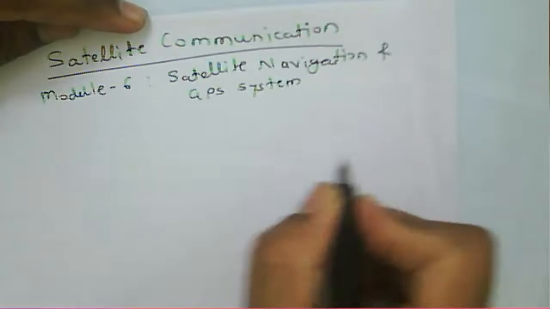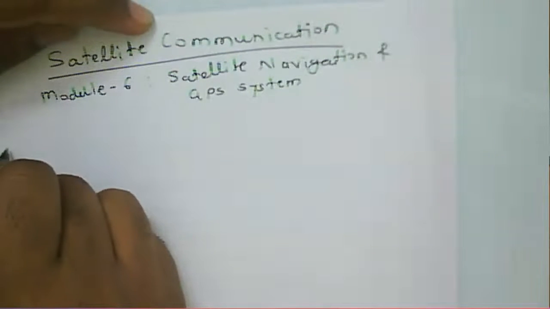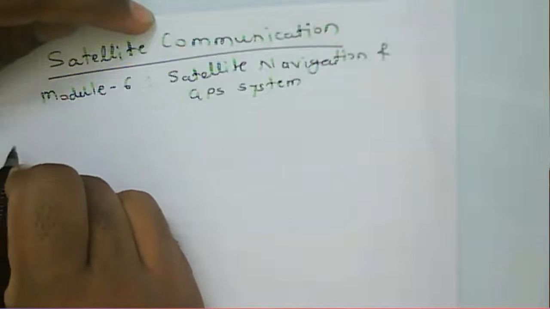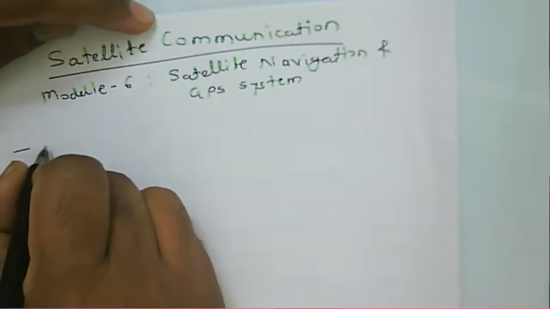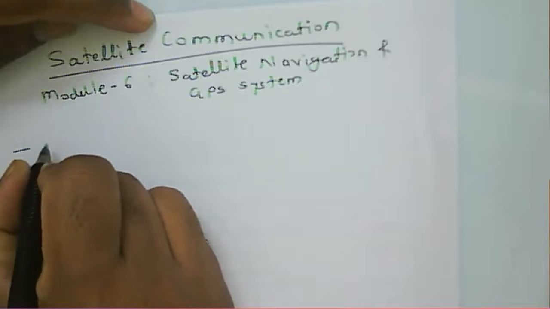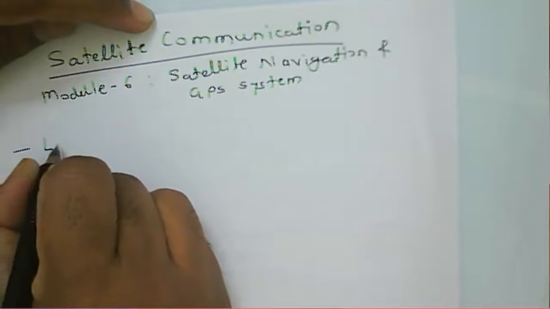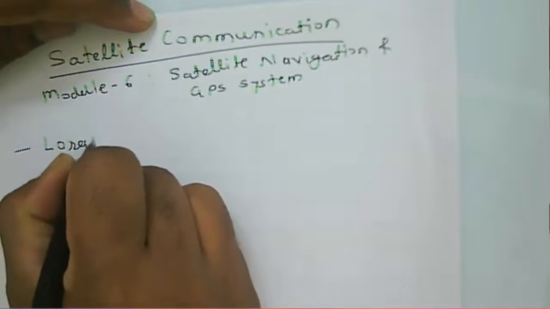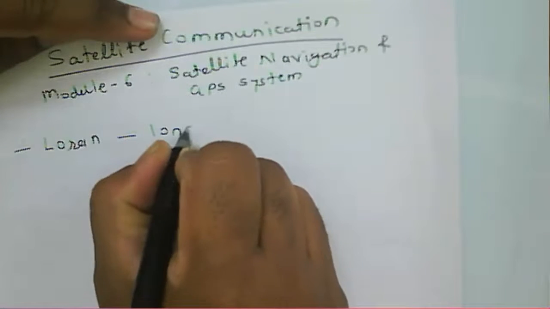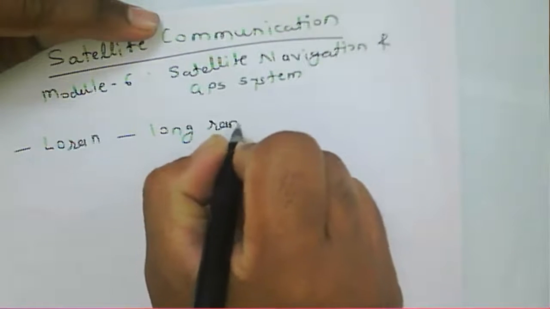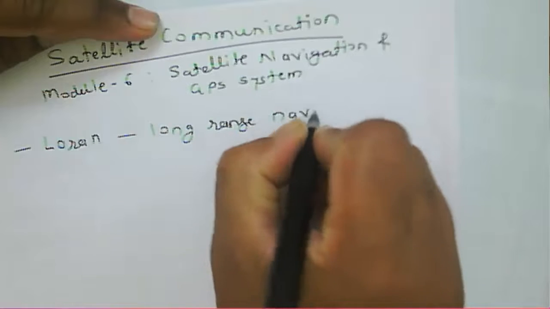In the case of electronic navigation, we can use various methods for navigation, that is LORAN, which is nothing but long range navigation.